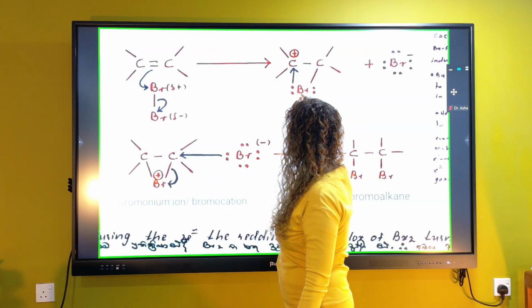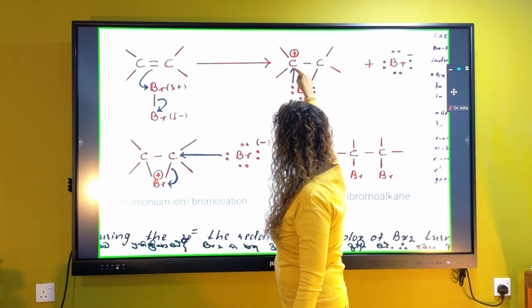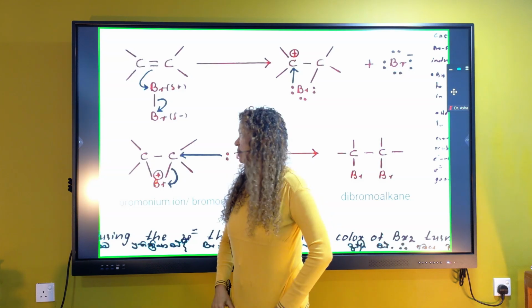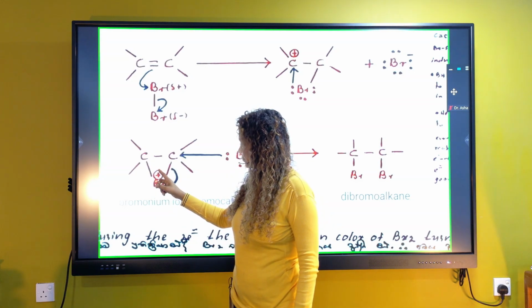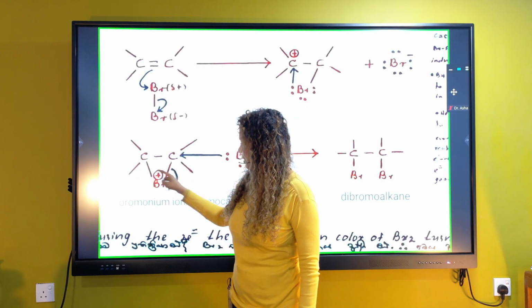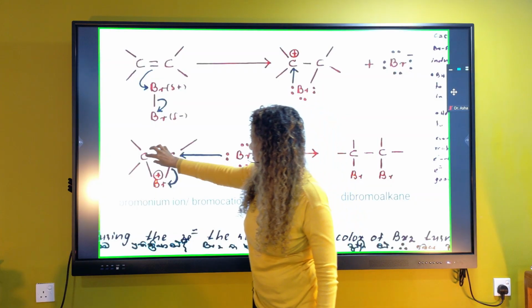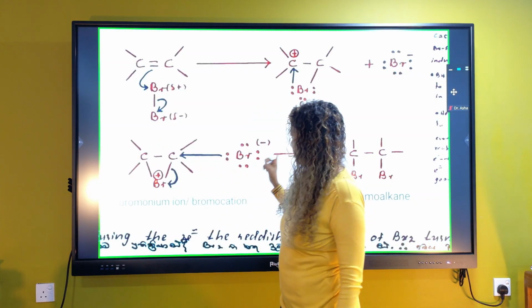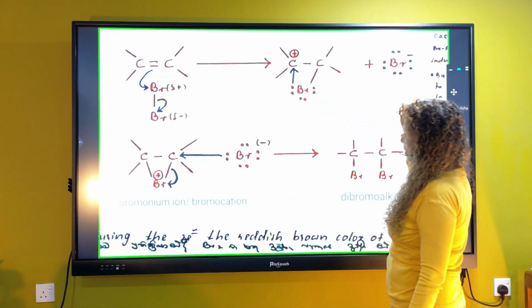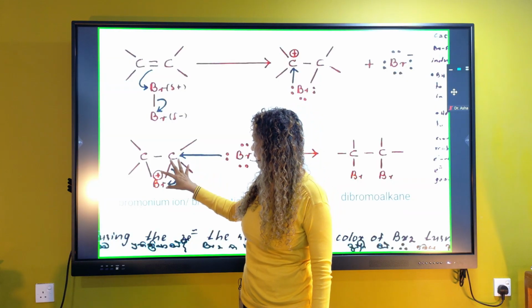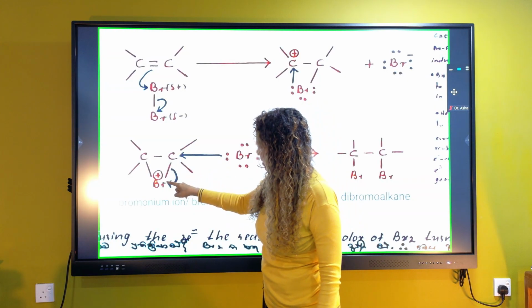Once you give the electrons onto this carbon, the bromine gets a plus charge which is unstable, so it is trying to drag electrons from either side, and at the same time these carbons are getting plus charges. So this external Br minus donates a lone pair onto this carbon, neutralizing the Br plus.